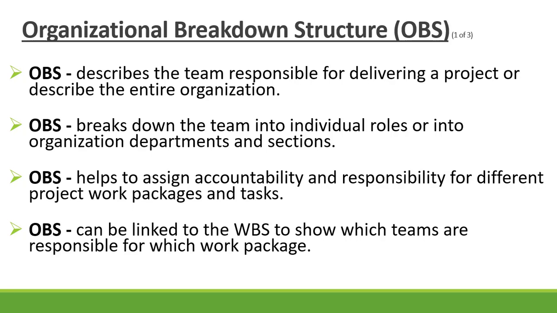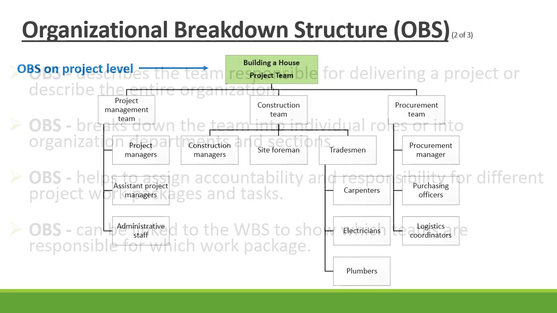We'll have a look at those two examples. The organizational breakdown structure helps us to assign accountability and responsibility for our different project work packages and tasks. And it can also be linked to the work breakdown structure to show which teams are responsible for which work packages in our work breakdown structure. So let's have a look at the two examples.